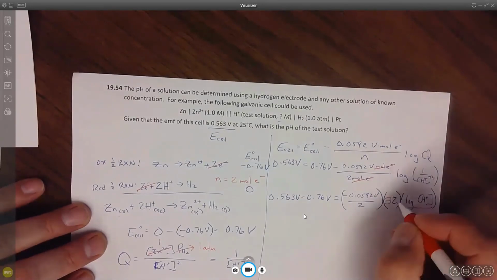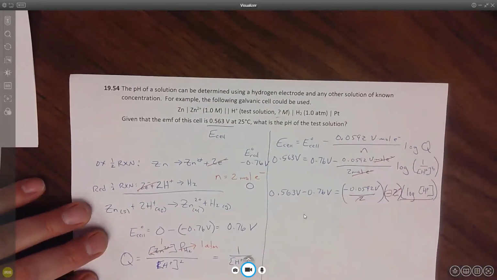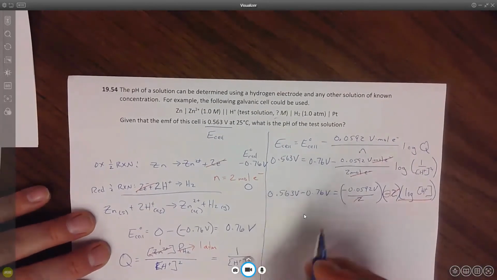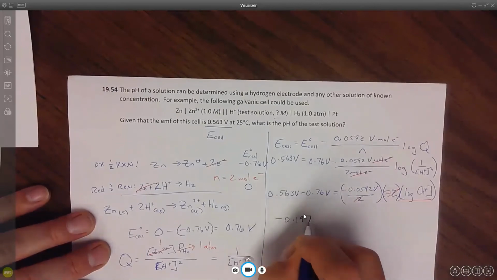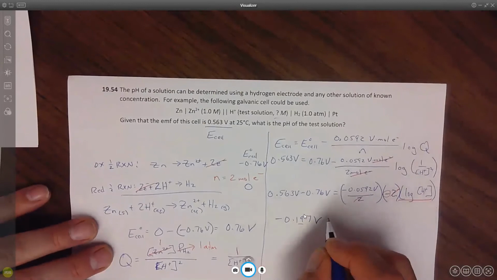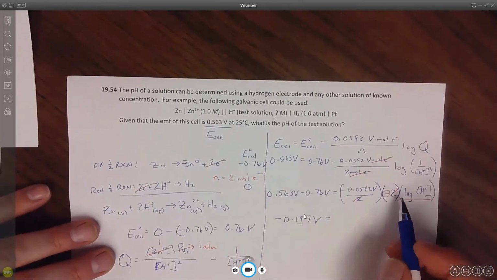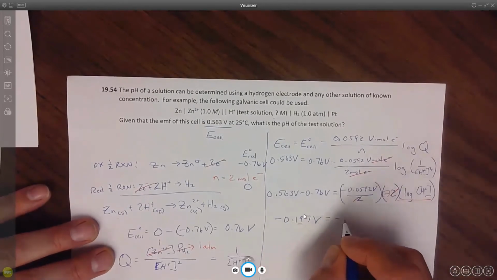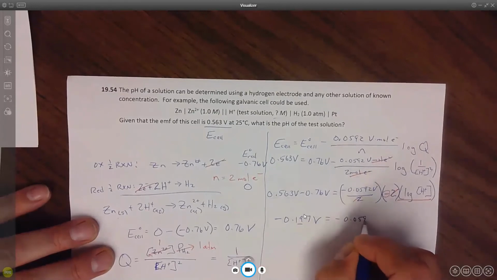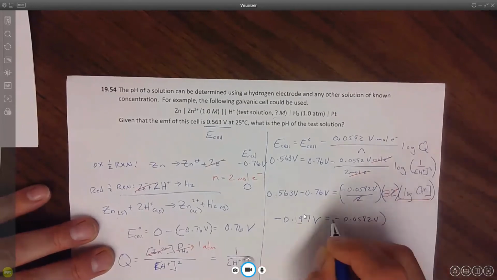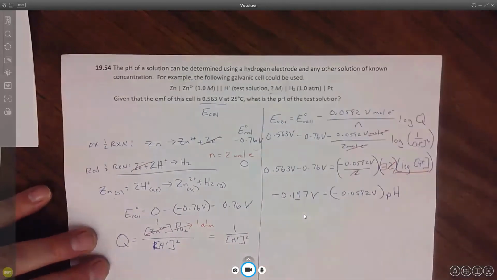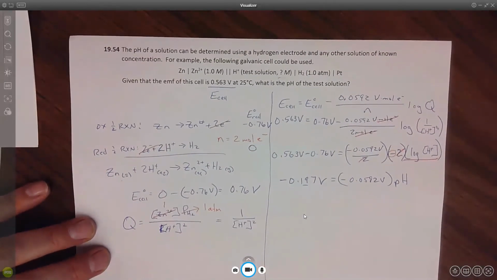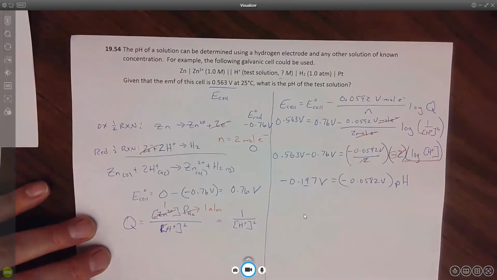The 2's are canceling. So basically, I have this side, which is now going to be equal to negative 0.197 volts, is equal to negative 0.0592 volts times the pH. Does everybody see what I've done?